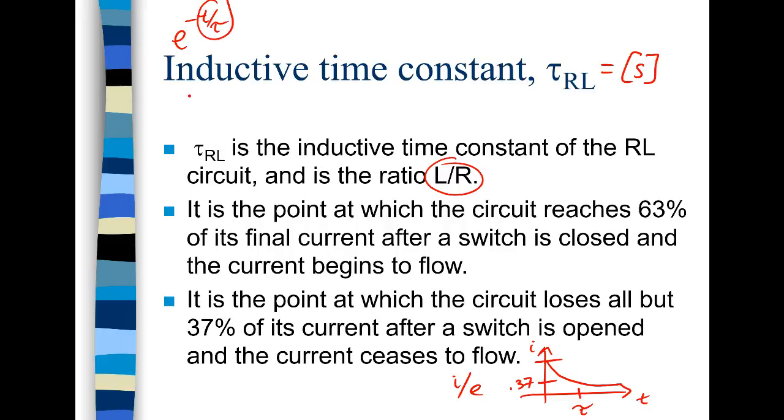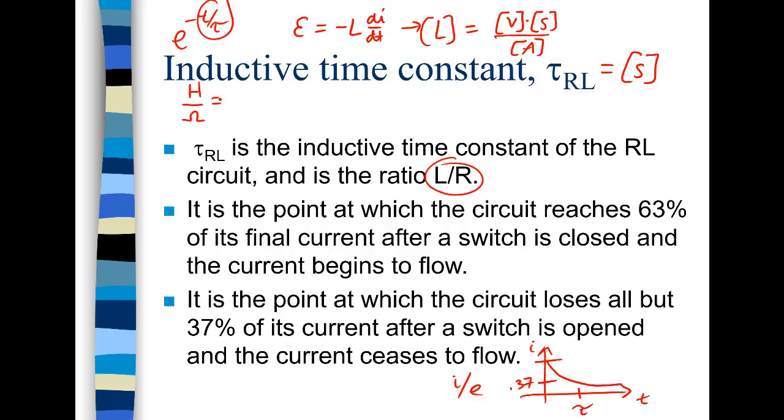L over R is going to be henries over ohms. Now let's think about this. We know that E is negative L di/dt, so this means that L, or henries, is actually better expressed as volts times seconds divided by current, amps.